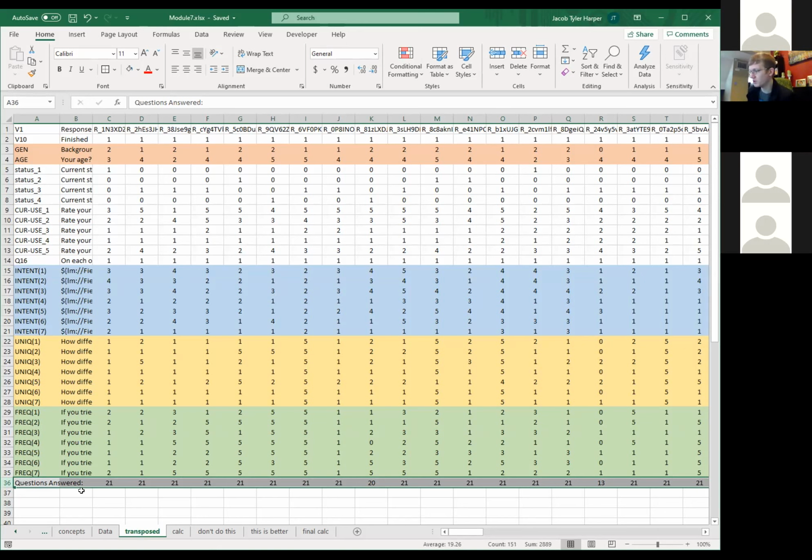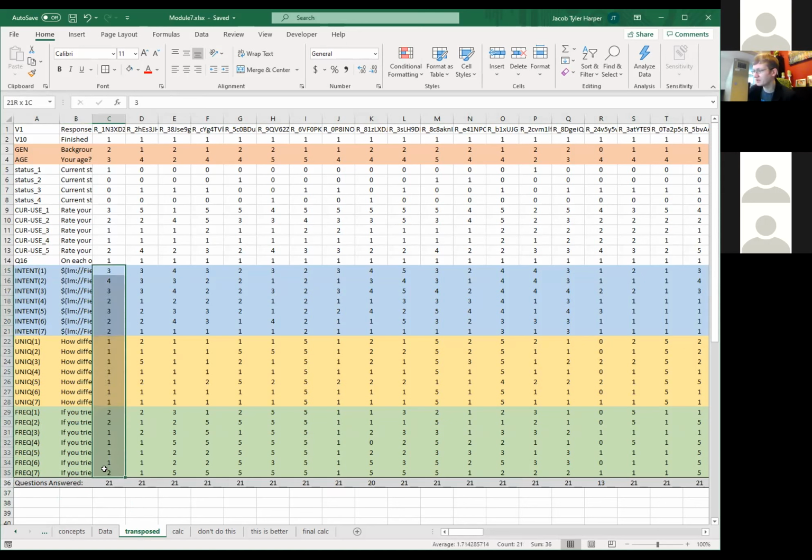I'm not going to show you my code, at least to start, but let's take a look at this number here, this 21. Think about what function could you type here that simply looks at this range? You're going to have to do it one column at a time. So it looks at this column and says how many of these were answered. What function can I do there? And remember, answered is anything that isn't zero. So how can I tell how many of these aren't zero?